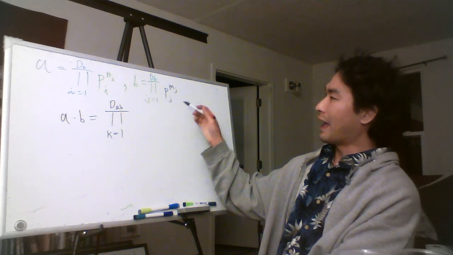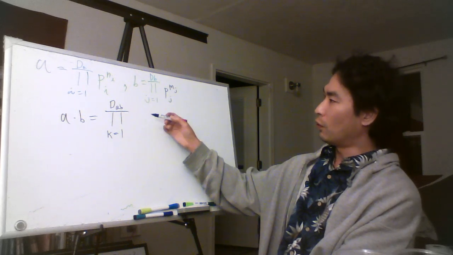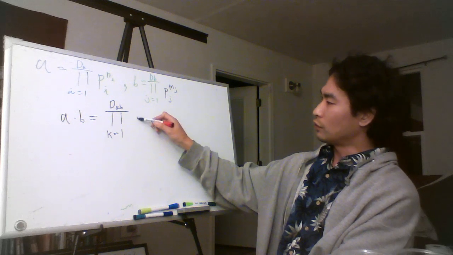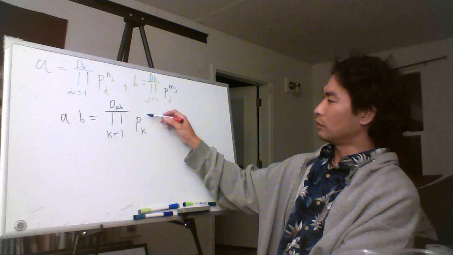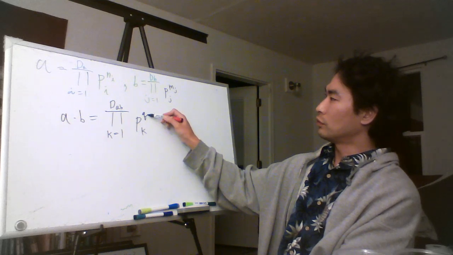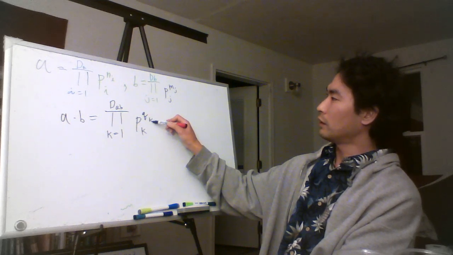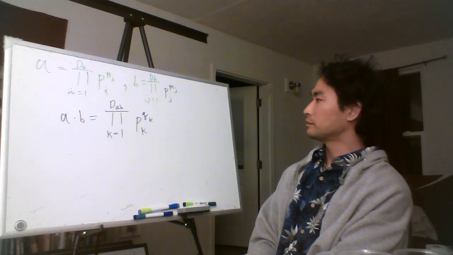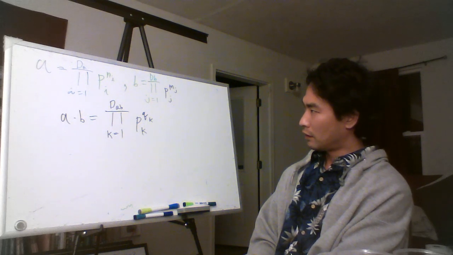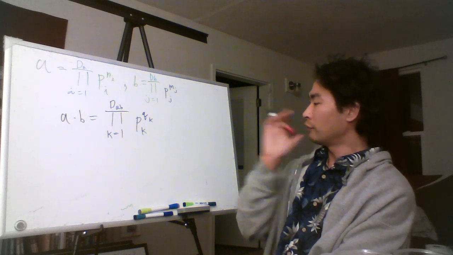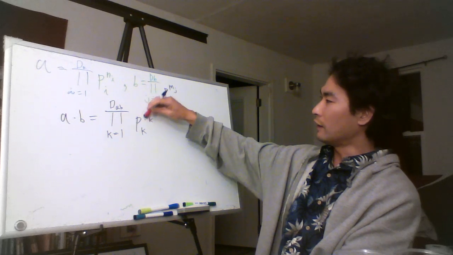L M N O P Q. Okay, so we have P of K, and then let's say Q of K. Well, we'll use L, like LMN.